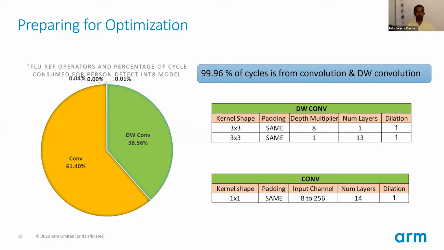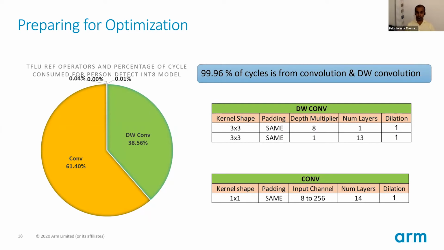And then I've summed the total cycles consumed by the different operators. So we see that convolution takes up the majority of the cycles, followed by depthwise convolution. And that accounts for 99.96 of the total cycles. So this allows you to make a choice to ignore the 3 other operators that you have.